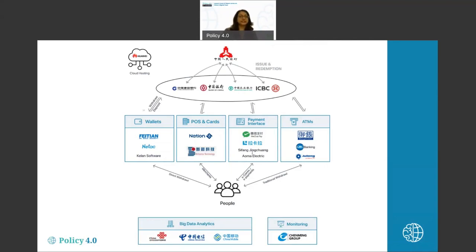I want you to just take a look at this picture. This isn't the reference architecture, but just to give you an idea of the industry players. Assess, does this really look like they're putting people out of business? It doesn't, right? It really looks more like the opposite.